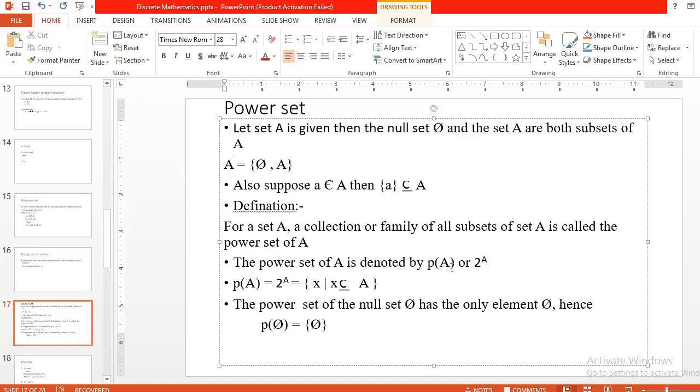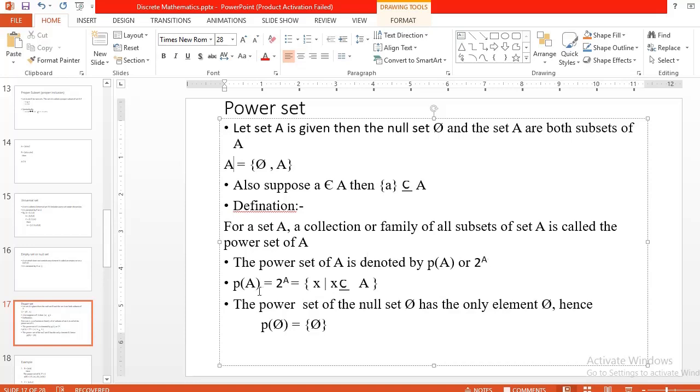Suppose you want to denote the power set of B, then P of B is the power set of B. Another symbol is 2 raised to A. By using this also you can denote the power set of a particular set.